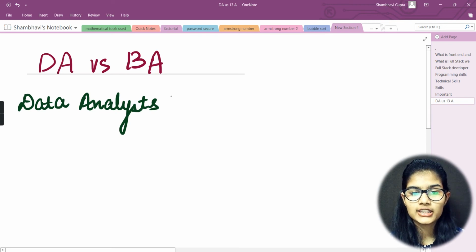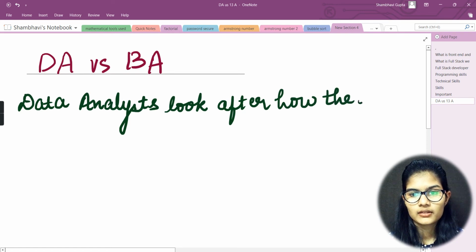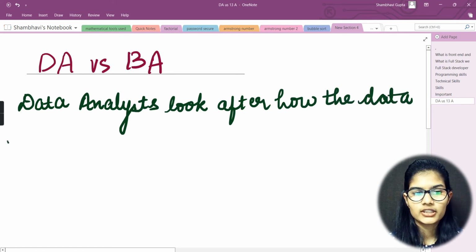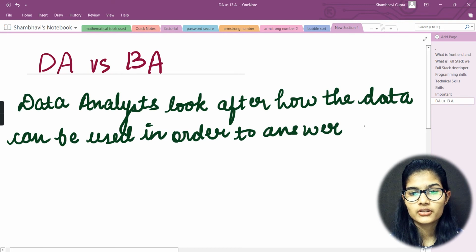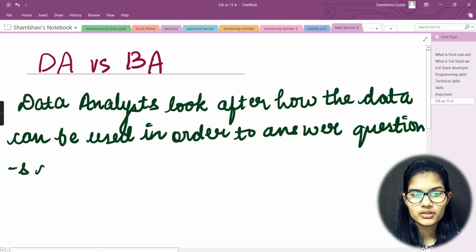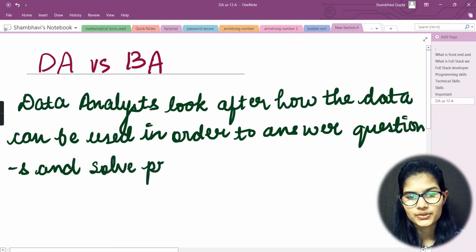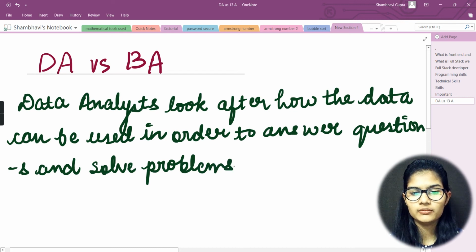Data analysts look after how the data can be used in order to answer questions and solve problems.